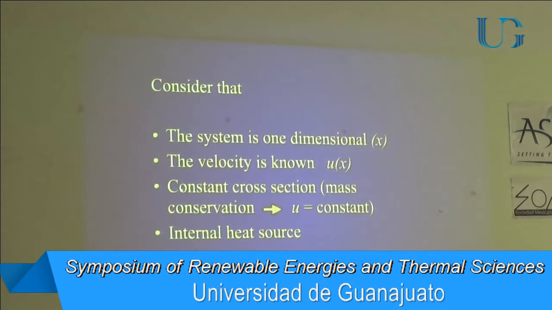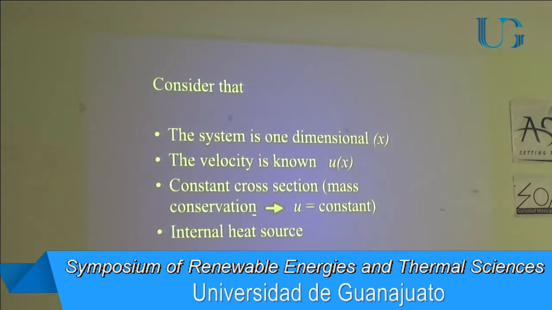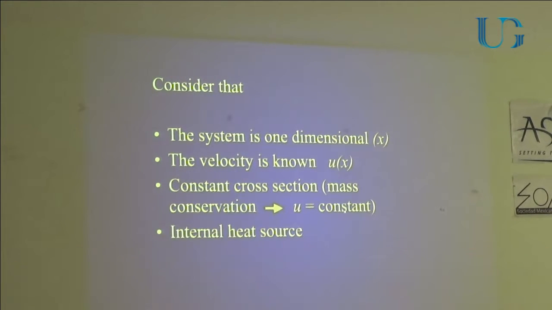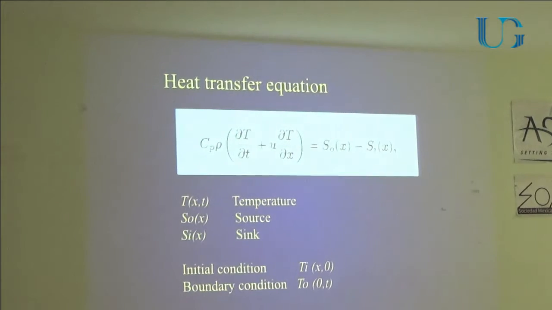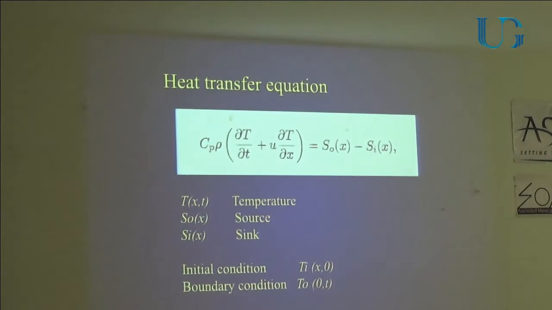I'm going to consider that constant cross-section and mass conservation would imply that the velocity is constant. So the velocity only depends on time, but it won't depend on the position. And I'm going to consider an internal heat source, right? What kind of equation would describe this phenomenon?